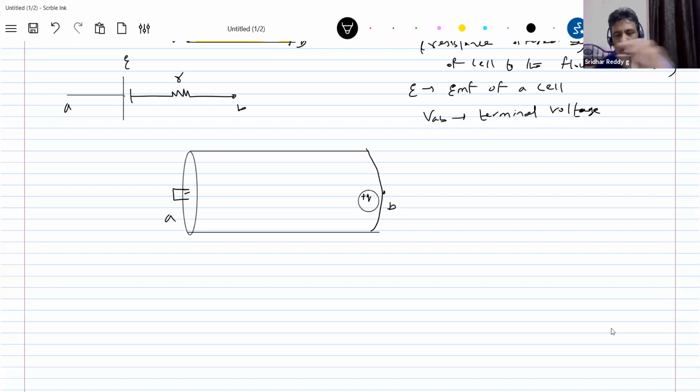Inside, some chemical reaction occurs. Let's take an electrochemical cell. What is an electrochemical cell? A chemical reaction occurs and the output is electrical energy. Due to the chemical reaction, energy is available. That energy will be utilized by the material of the cell, and it will exert a force on this positive charge.